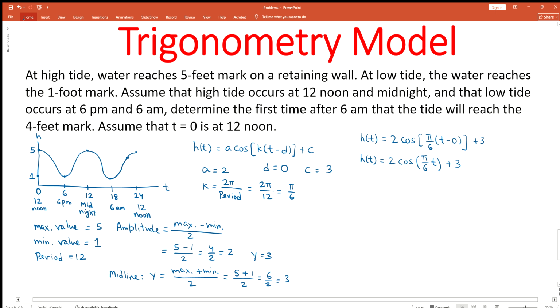So that occurs in the second cycle in this graph. In order to find the time, we should sub in the height as 4 feet. In our equation, we should replace h with 4 on the left side of the equation. We have to isolate t in this equation. The first step is to subtract 3 from both sides. 4 minus 3 is 1.